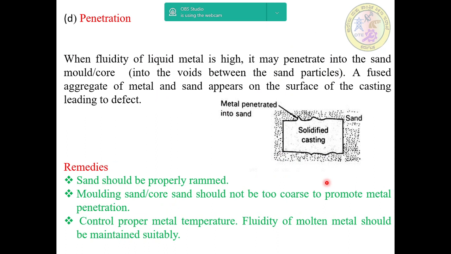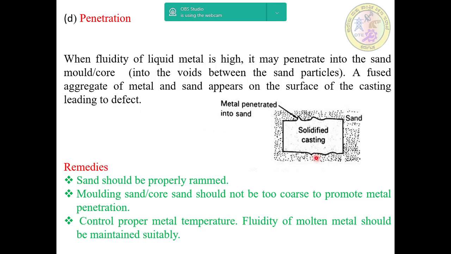Next one is penetration. When the fluidity of liquid metal is high, it may penetrate into the sand mold. A fused aggregate of metal and sand appears on the surface of the casting, leading to this defect.